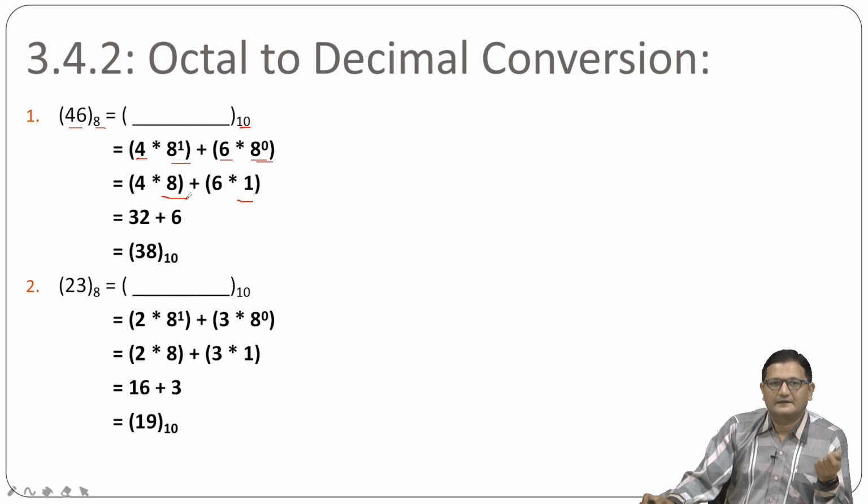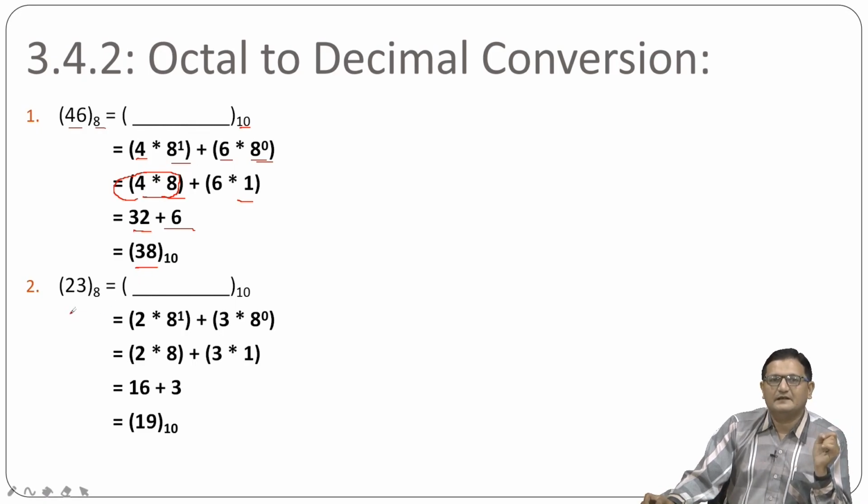Now 4 into 8 makes 32, so I have written 32 here. 6 into 1 makes 6, so 6 is written here. 32 plus 6 is 38. So 38 is the decimal number of the octal number 46. If we are converting 46 octal into decimal, we write 38.